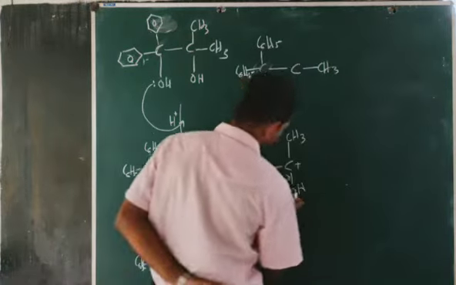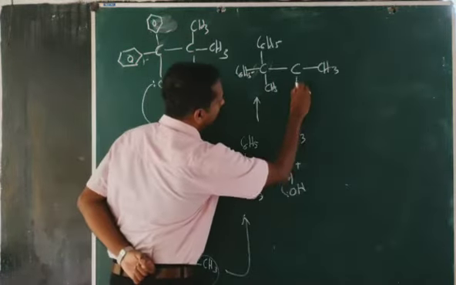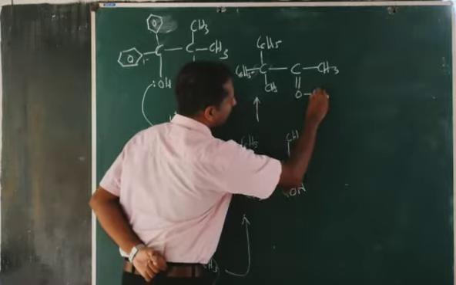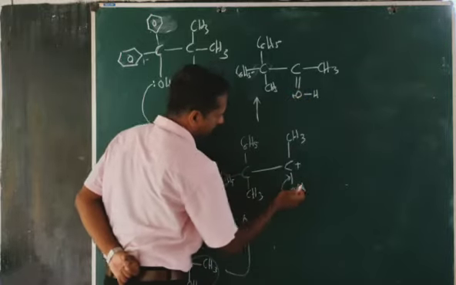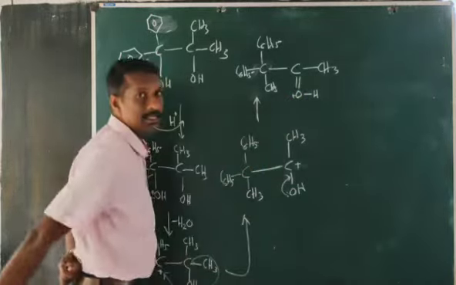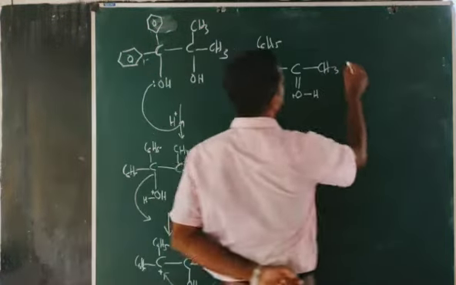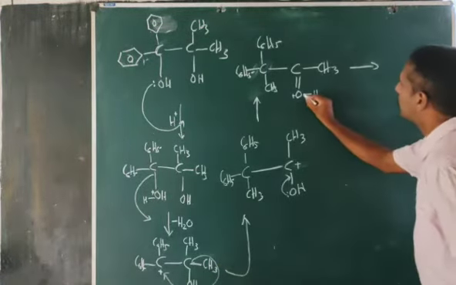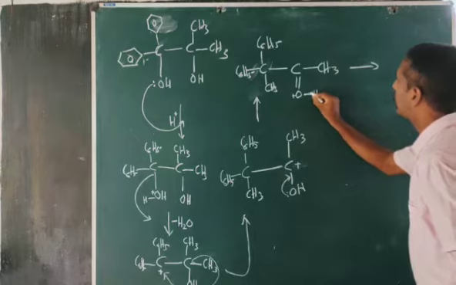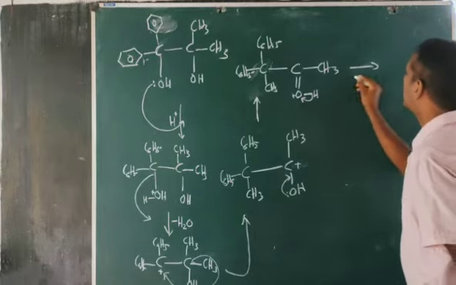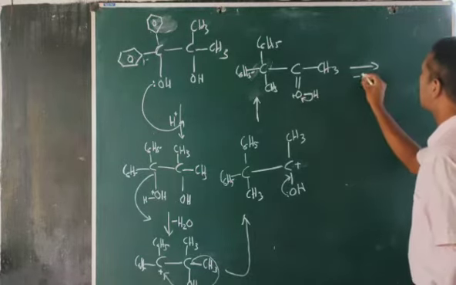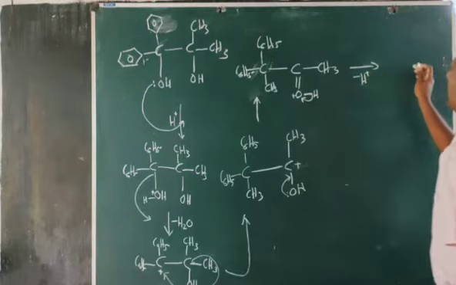Since the bond is shifting to here, it will become a double bond, OH, and since the electrons are moving from oxygen, oxygen is getting a positive charge. In the next step, this pair of electrons will be moved to oxygen. That means H+ is removed, minus H+.